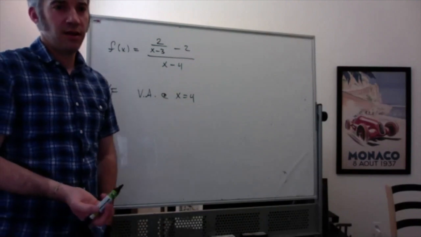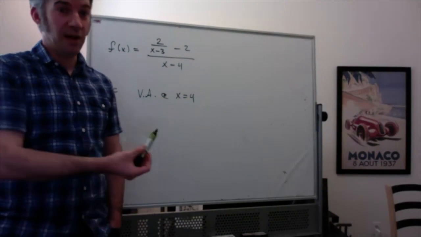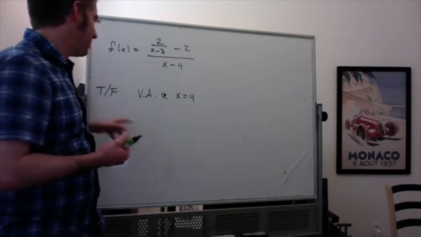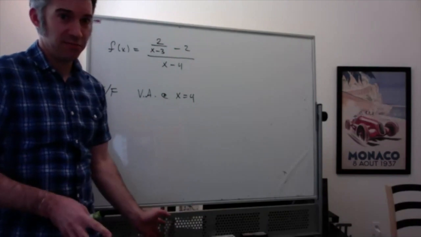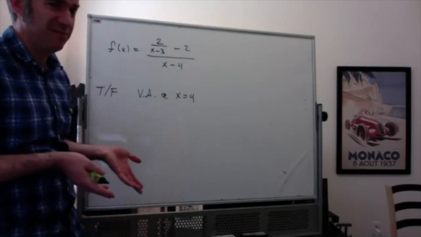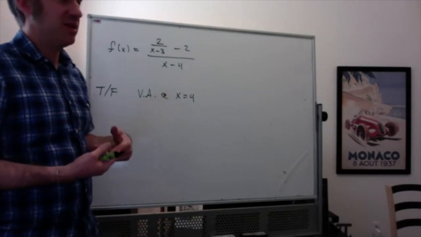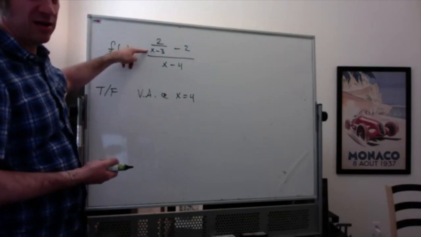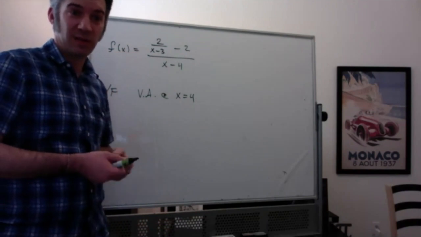Now, sometimes questions are just easy. This is not one of those cases. If I saw a question like this, I would think to myself, it might be a trap, right? It seems like, well, obviously it looks like there's a vertical asymptote. But I should plug in 4 and see what happens.